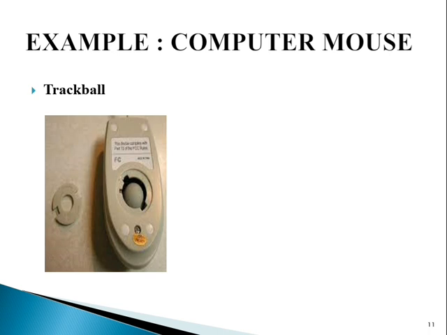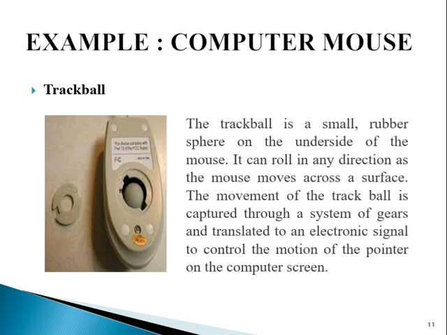It can roll in any direction as the mouse moves across a surface. The movement of the trackball is captured through a system of gears and translated to an electronic signal to control the motion of the pointer on the computer screen. Okay, so you can write it down here for all the information.